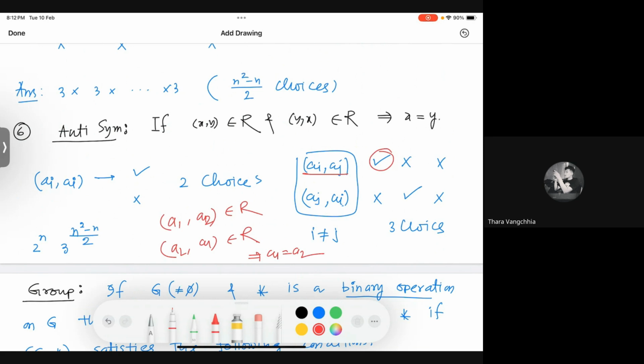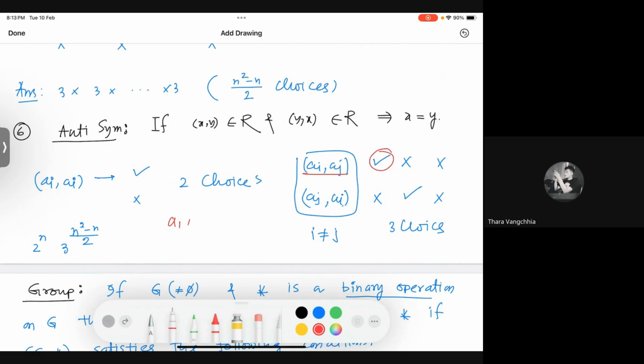How is it possible? So if one belongs to the set, then the other element must not belong to the set. Similarly, if one element does not belong to the set, then the other element has two choices. So it has three choices.